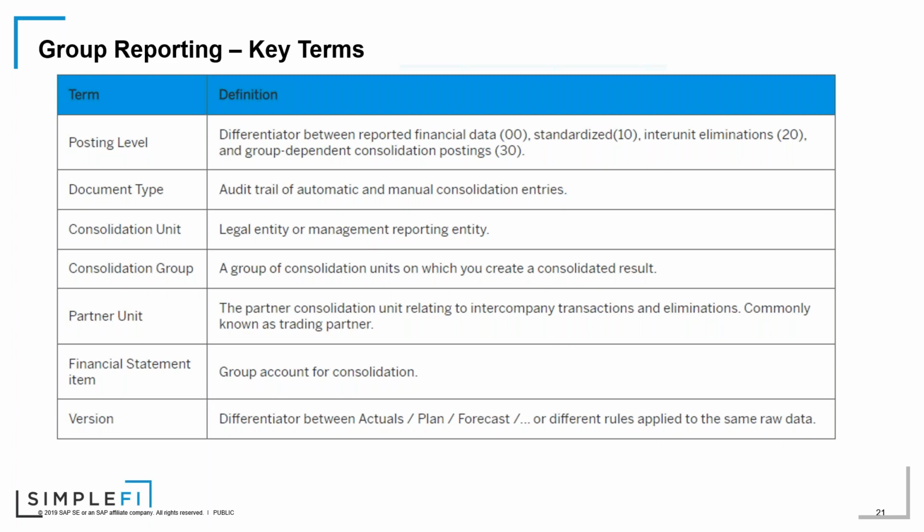It can even be actuals at last year's rates, or actuals at a different base conversion. So there's a lot of flexibility with the latest group reporting releases in having different versions and doing multiple scenario consolidation.